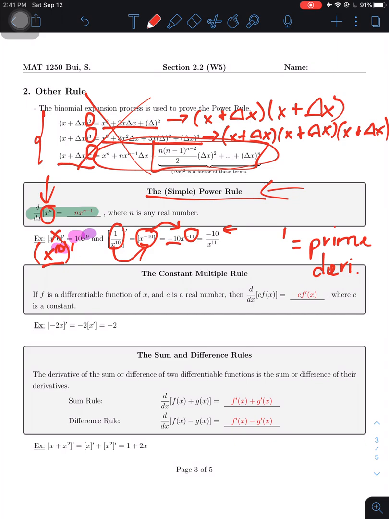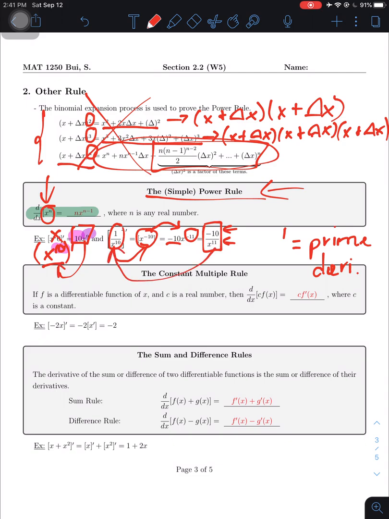X to the negative 11 has a negative exponent, so it goes on the bottom, and to compensate we make the power positive. That means we get x to the 11 on the bottom. This is the answer for the second problem, and this is the answer for that problem.